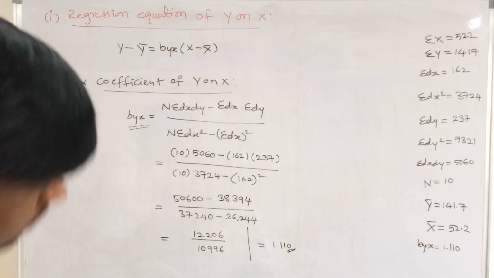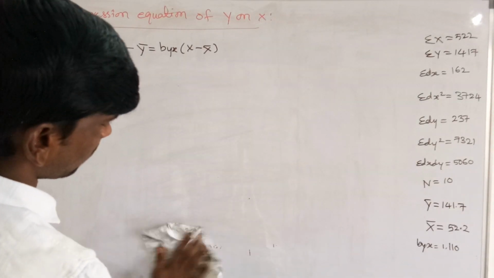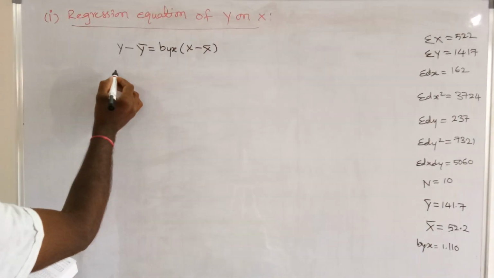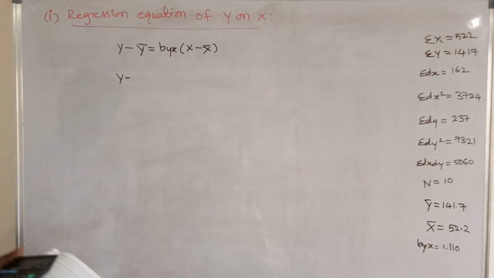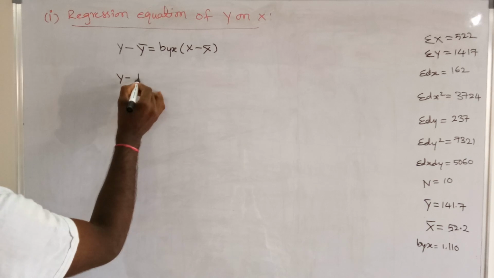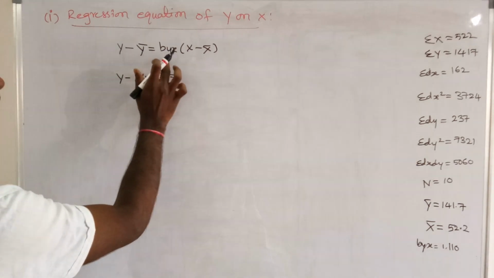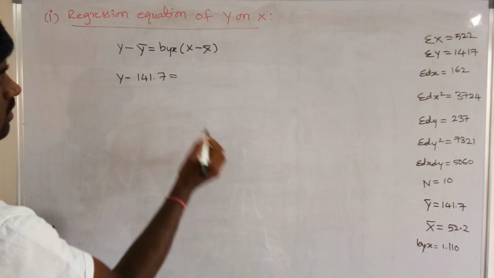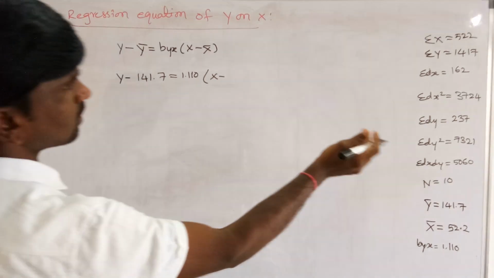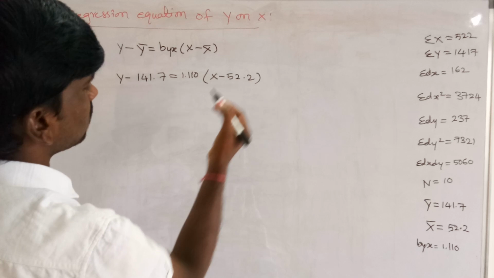So we have to find this equation of y on x. Y minus y bar, what is the y bar? 141.7, is equal to the coefficient of y on x, that is 1.110, into x minus x bar, 52.2.